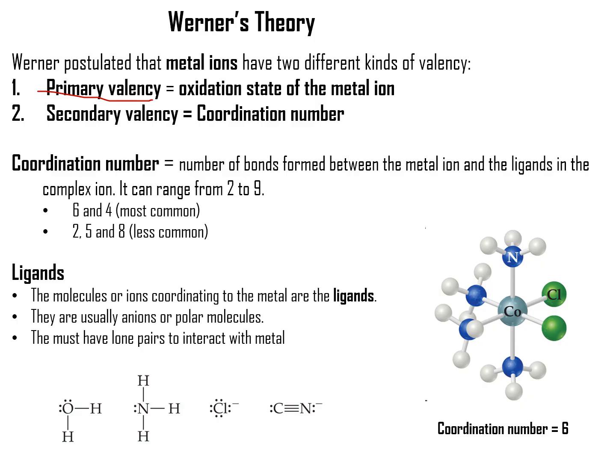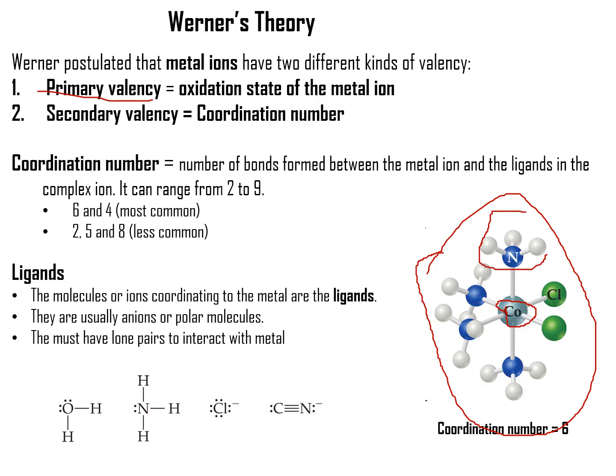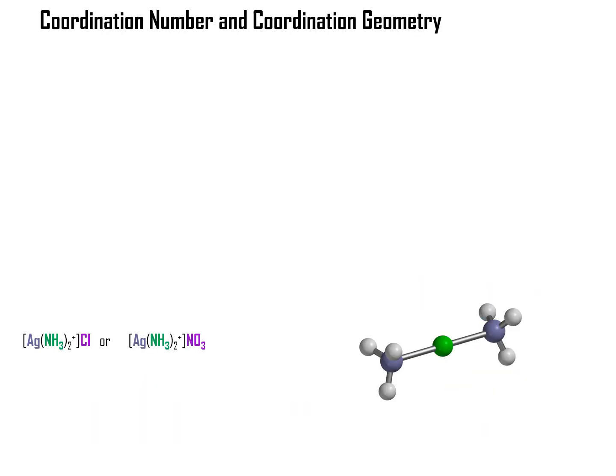We can see here a picture where a central metal atom and ligands are attached to it, where the central metal atom is cobalt and all these are ligands. Okay, now let's move to the coordination numbers.